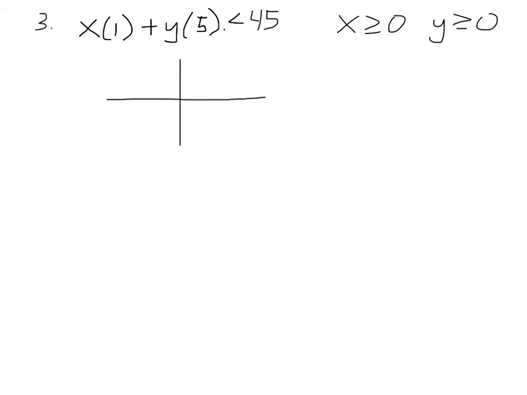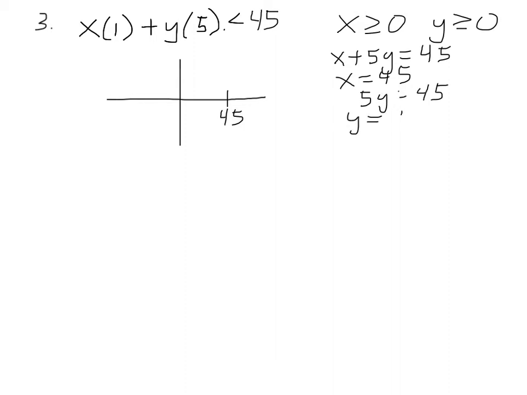To graph this equation, X plus 5Y equals 45, I'm going to find the X and Y intercepts. If I plug in 0 for Y, I get X equals 45. I'm going to mark that 45. If I plug in 0 for X, I get 5Y equals 45, or the Y-intercept will be Y equals 9.